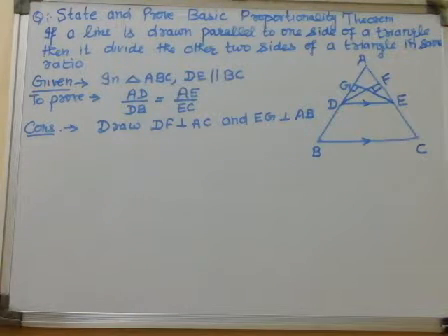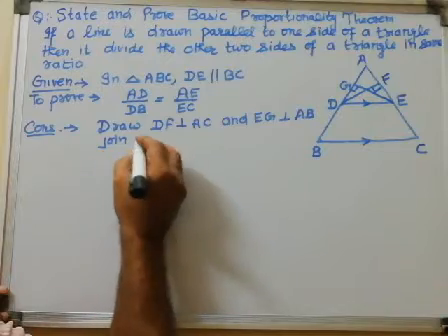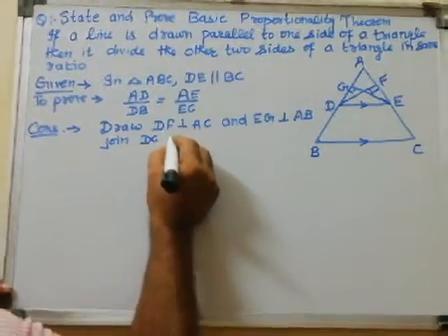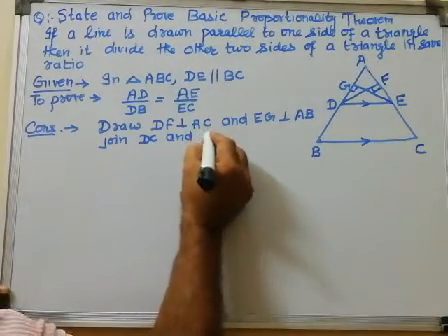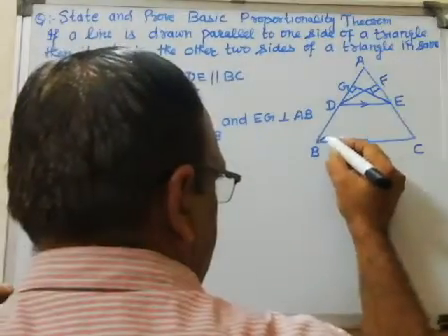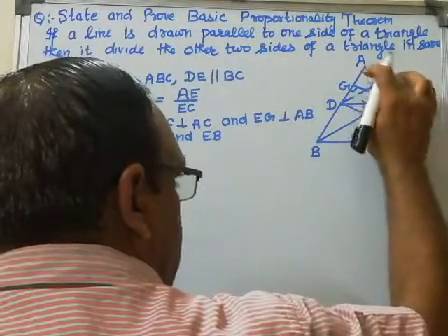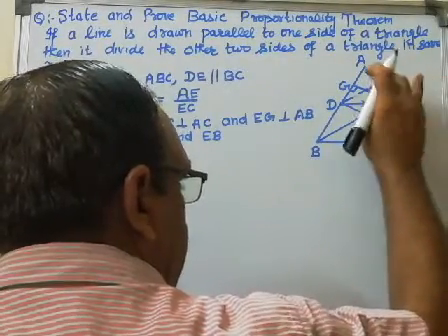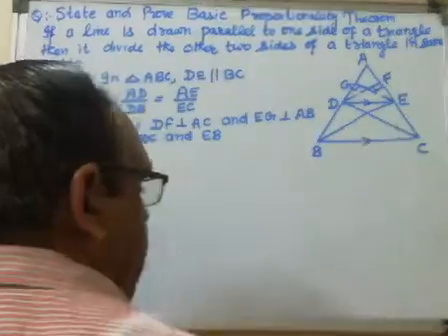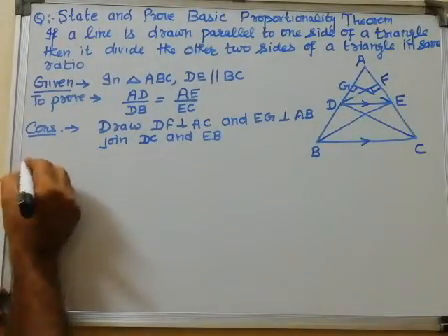Okay, and join DC and EB. This line you can show dotted. Okay, so proof.